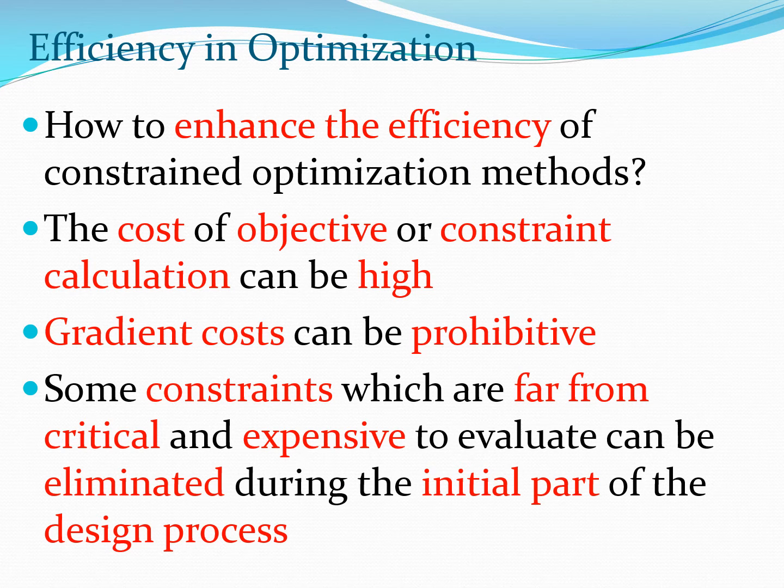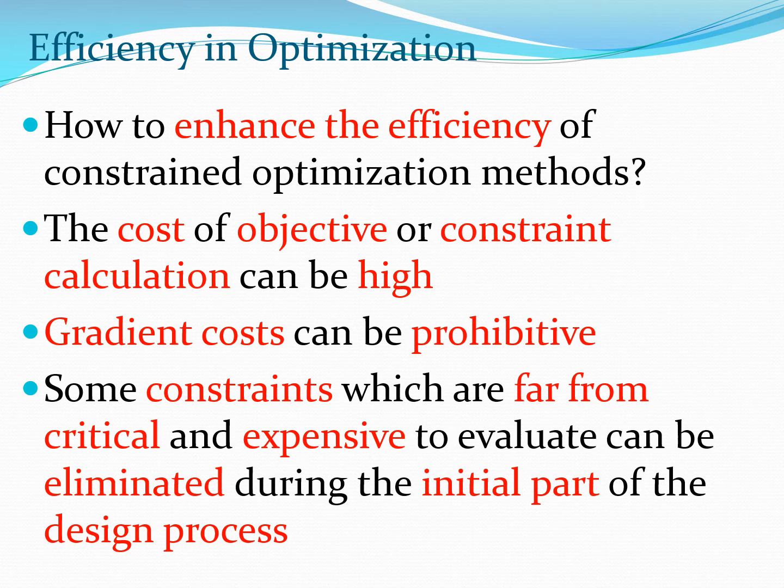Now, one of the things which plagues optimization is the enormous computer time which is frequently required to solve realistic problems. So the cost of calculating the cost function or objective function as well as the constraints can be high in many cases. Now, if you are trying to calculate the gradients of the cost function and the constraints, then this cost is further magnified.